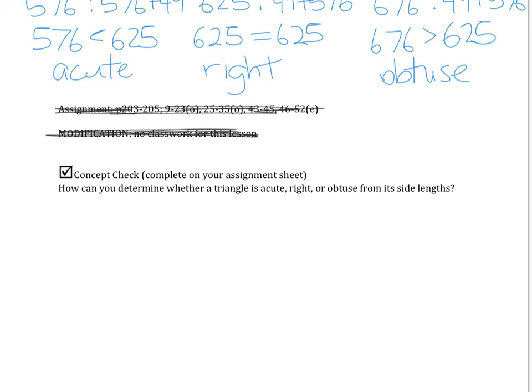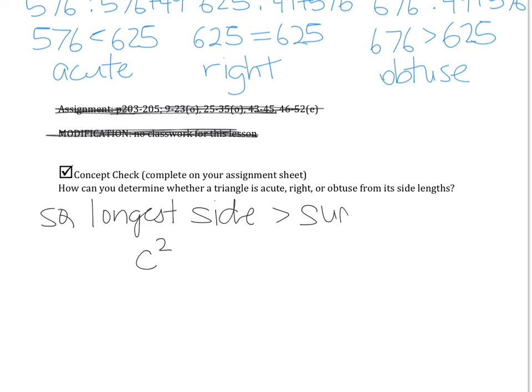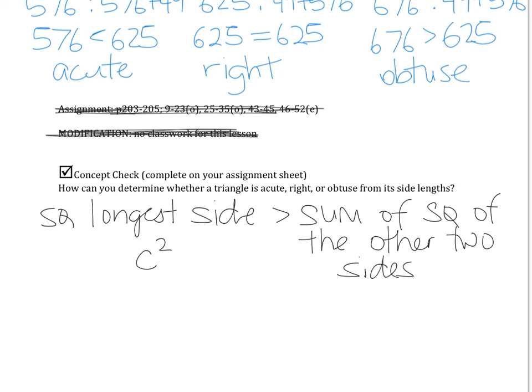Basically, if you square the longest side and it is greater than the sum of the squares of the other two sides, it is obtuse.